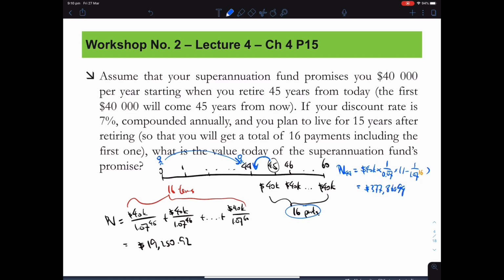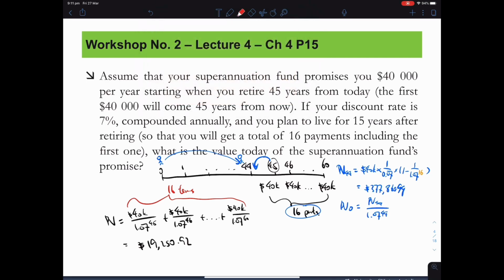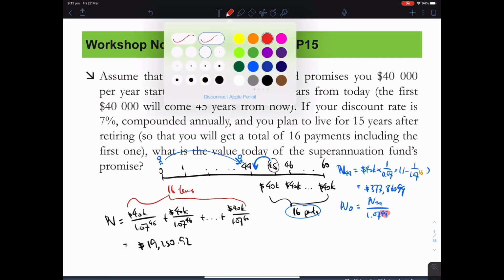But do we care about the present value in 44 years' time? No, we don't. So we need to further discount that number back by 1.07 to the power of 44. And again, it's very important for you to know why that is 44, not 43, not 45.